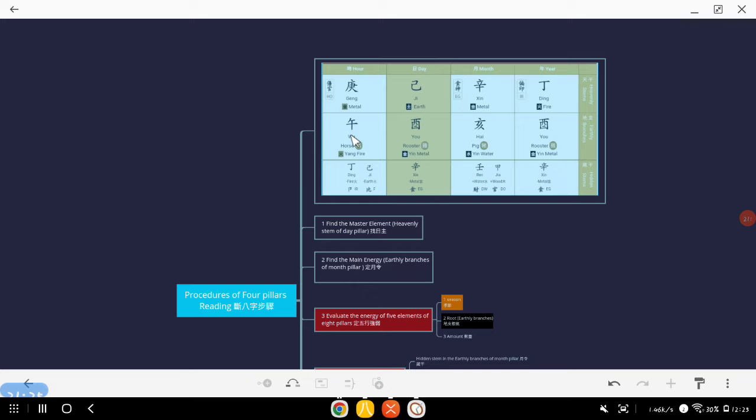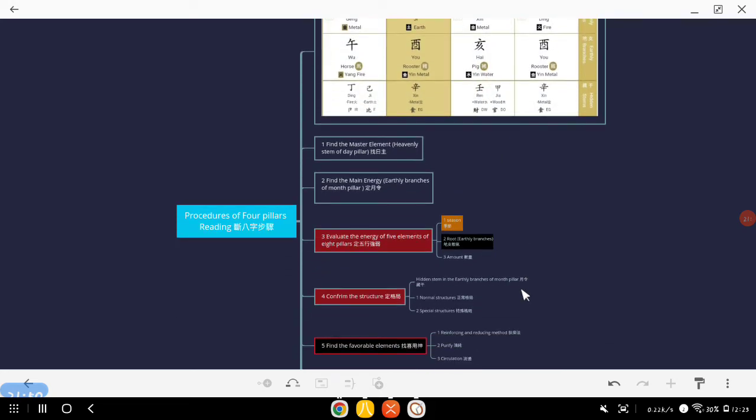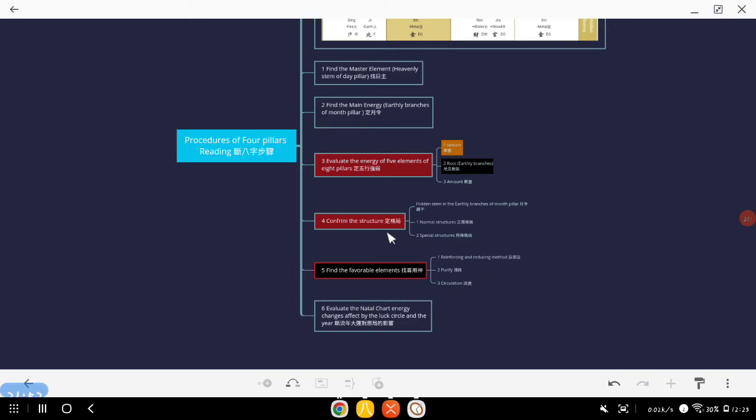So actually the heat energy will also improve the temperature here. It will warm up these 8 pillars, so the Daymaster will be more controllable, more calm here. So it has a better effect. Because it's too cold, you need to make it a bit hot. So these are the basic principles to find the favorable elements.